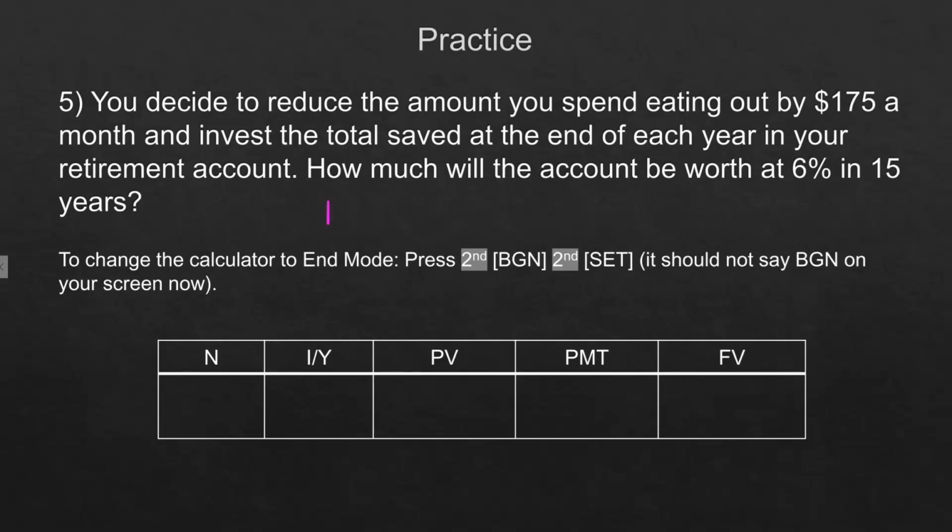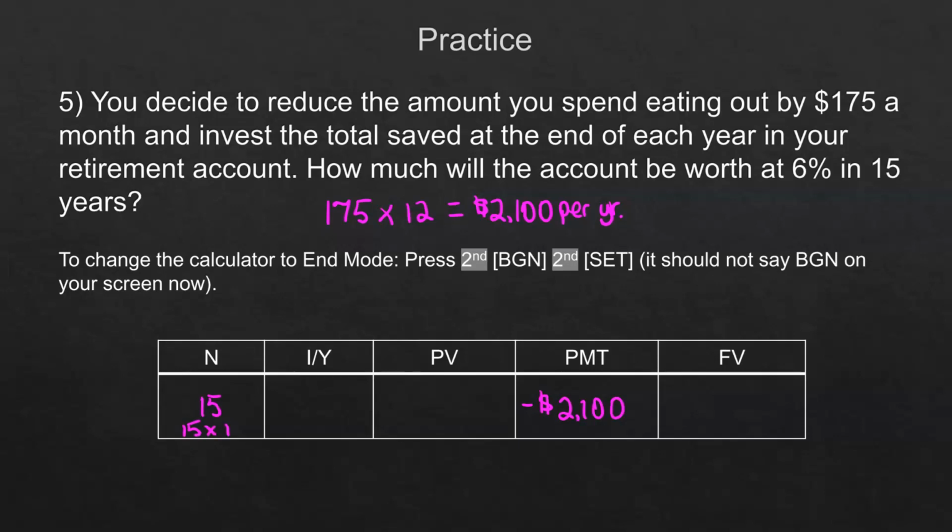And this is $175 for 12 months of the year, but we're just going to invest it at the end of the year. So this is going to be an annual investment per year. If we're using annual interest, we make this payment at the end of the year, $2,100. It's going to be 15 times because it's for 15 years.